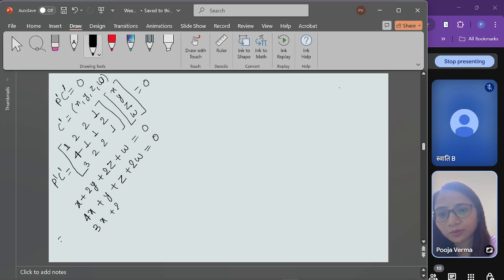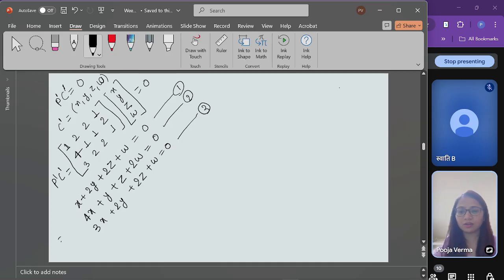You will get 2y plus 2z plus w is equal to 0, right? Three equations you have got, right? So now how can we solve these three equations? For getting x, y, z and w values, we have to solve these three equations.